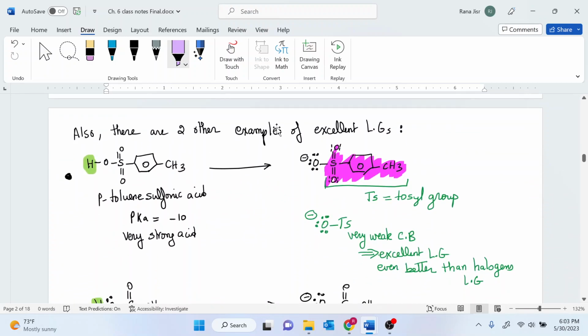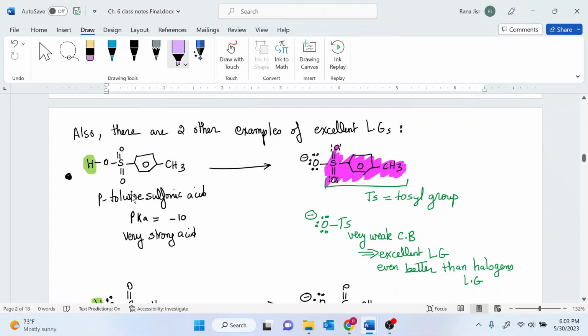There are two other examples of leaving groups, and these are excellent leaving groups. These are derived from very strong acids, even stronger than HI. If you look at the pKa table, the strongest acid that we've been working with so far is HI. This one is stronger than HI. It's called para-toluenesulfonic acid.